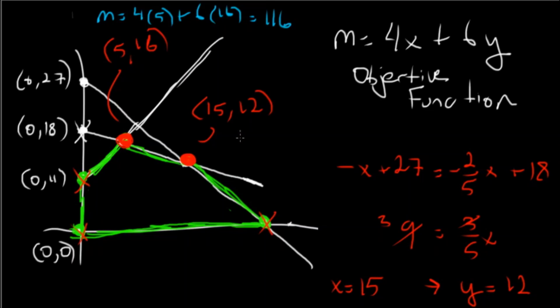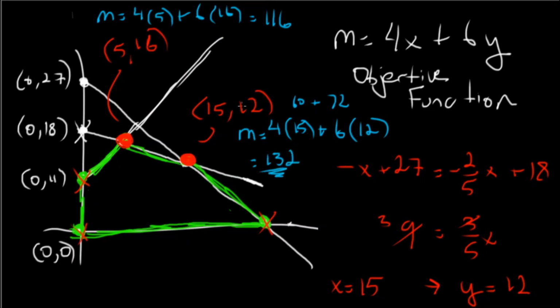And then down here, m is equal to 4 times 15. I already have a sense that this one's going to be a little bit bigger, but I'm going to double check. I'm going to just do the maths. 60 plus, what is that going to be? 60 plus 72. 60 plus 72 is 132. All right, so there it is.